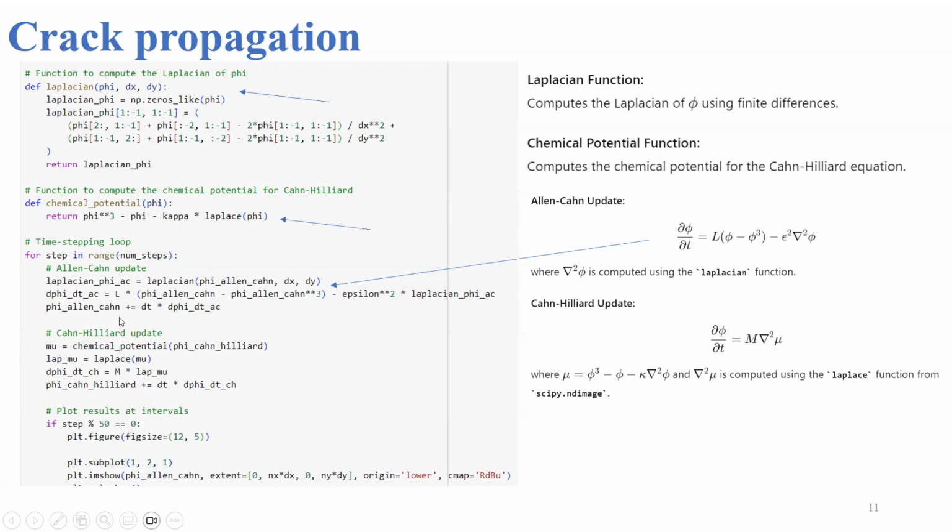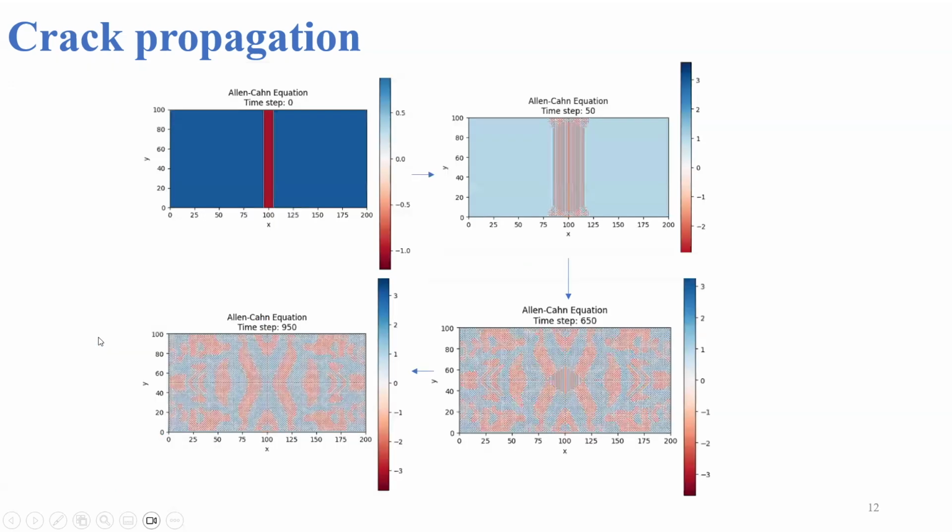As you can see, we are just implementing the Allen-Cahn update that we learned in the previous modules here, and we can also have the Cahn-Hilliard update. A good way to see how this equation spans out: with the Allen-Cahn equation at step 0, there's a crack in the middle where we have imposed minus 1.